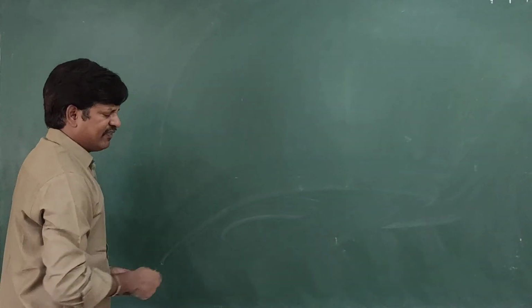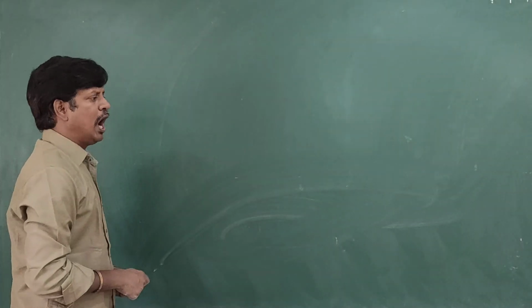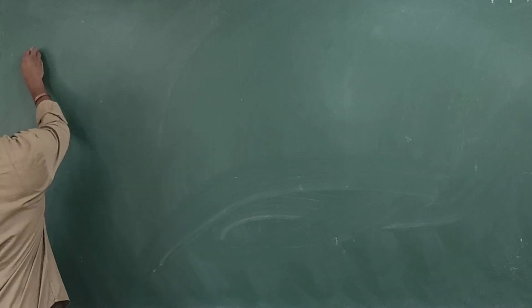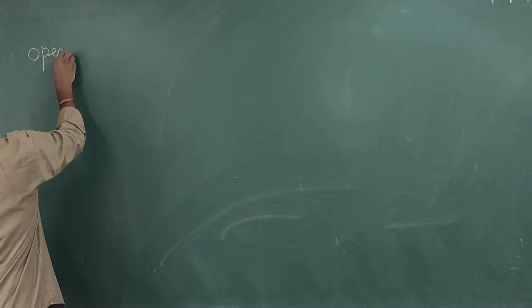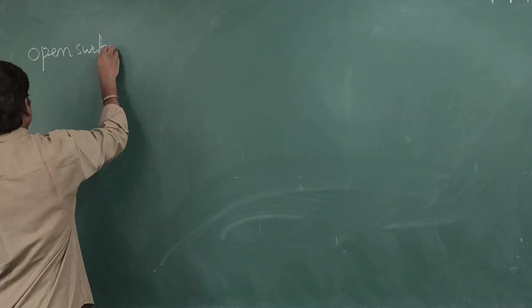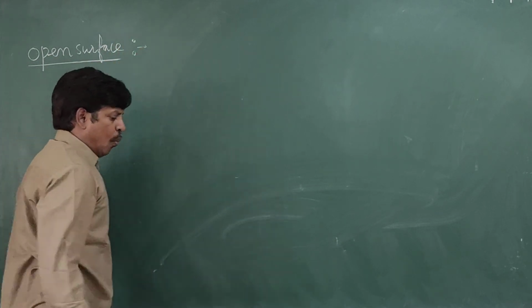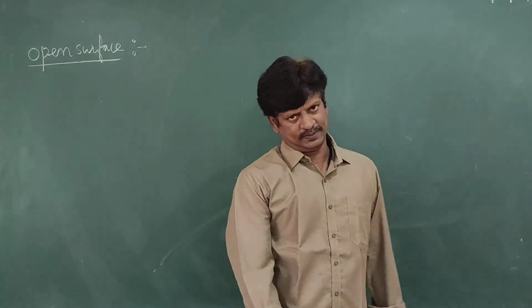Now, so I said area vector. Area vector is what about normal? Outward normal. Then, let us talk about two types of surfaces. One is open surface. Other one is closed surface. What's the meaning of open surface?